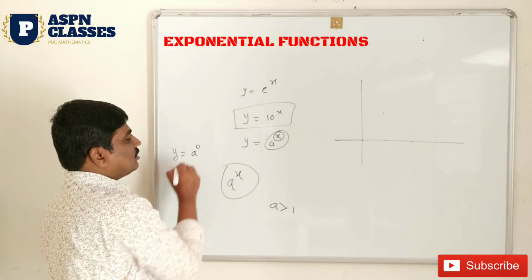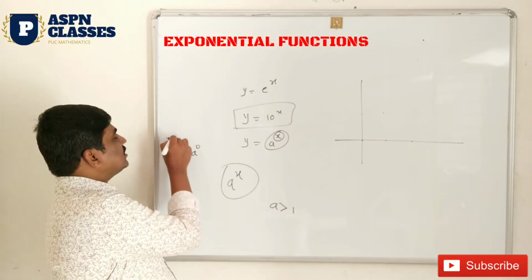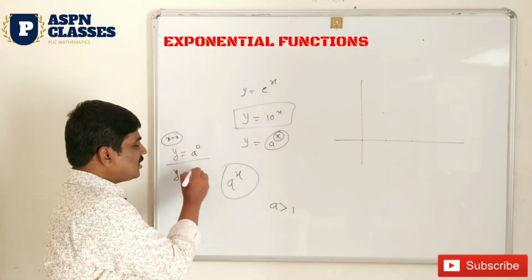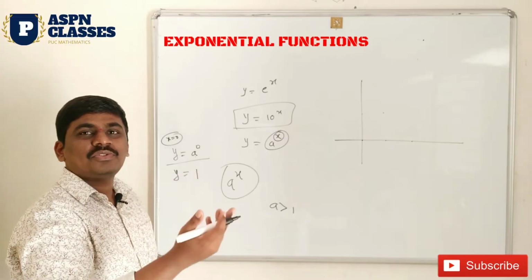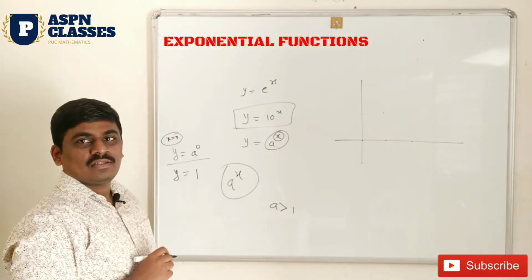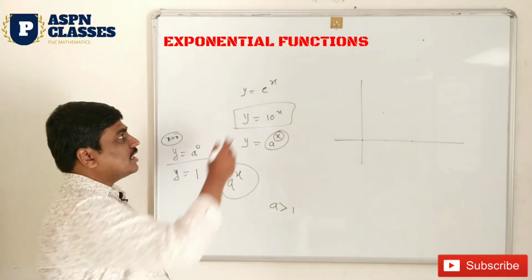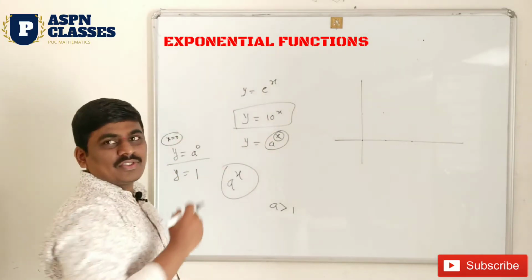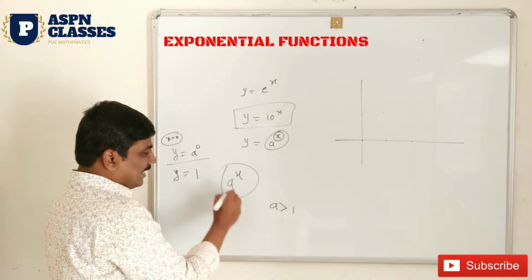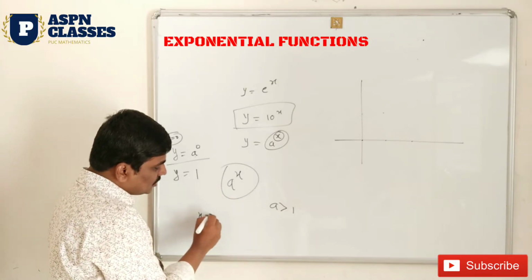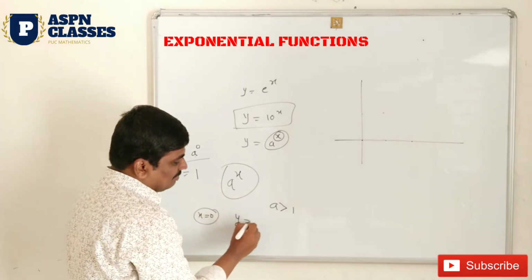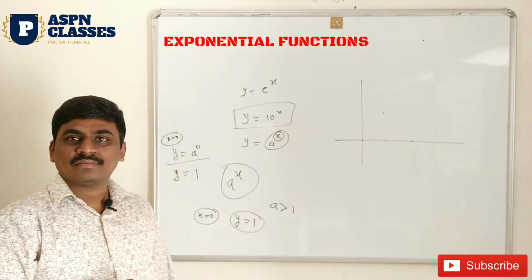If I take x as 0, then a raised to 0 is 1, because anything raised to 0 is always 1. Also 10 raised to 0 is 1, and e raised to 0 is also 1. So in an exponential function, when x is 0, y is always 1.